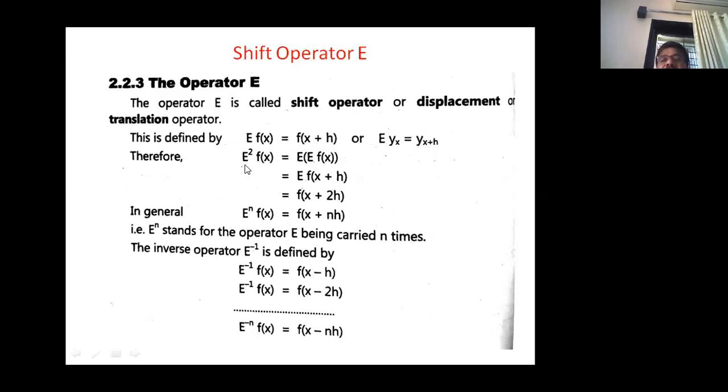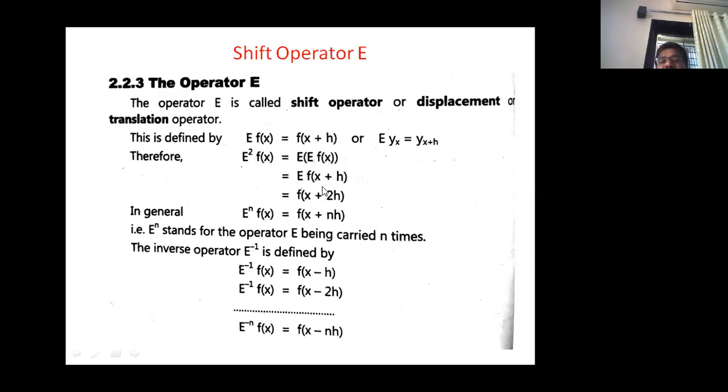So what is E square f(x)? It is E of E f(x). By using the definition of composition of two functions, E square means E into E, and f into g(x) is f(g(x)). And this E f(x) is f(x+h), the value at the next point.